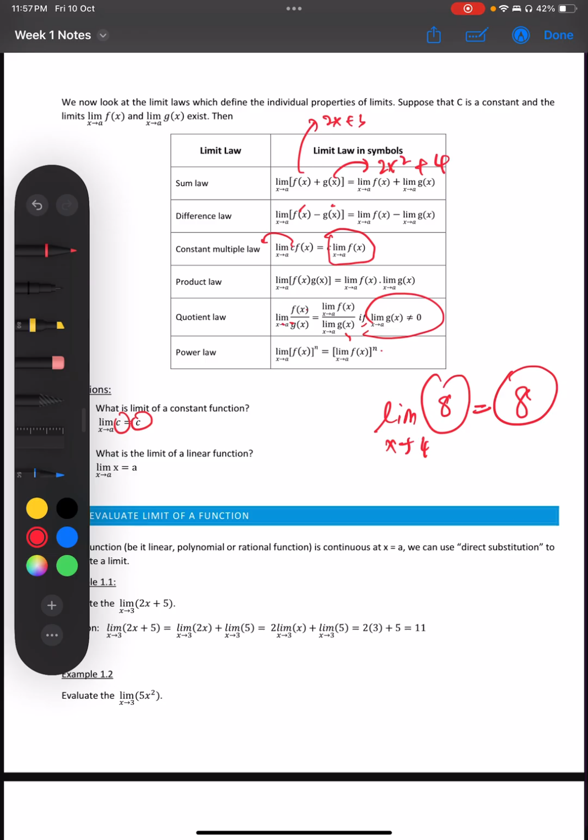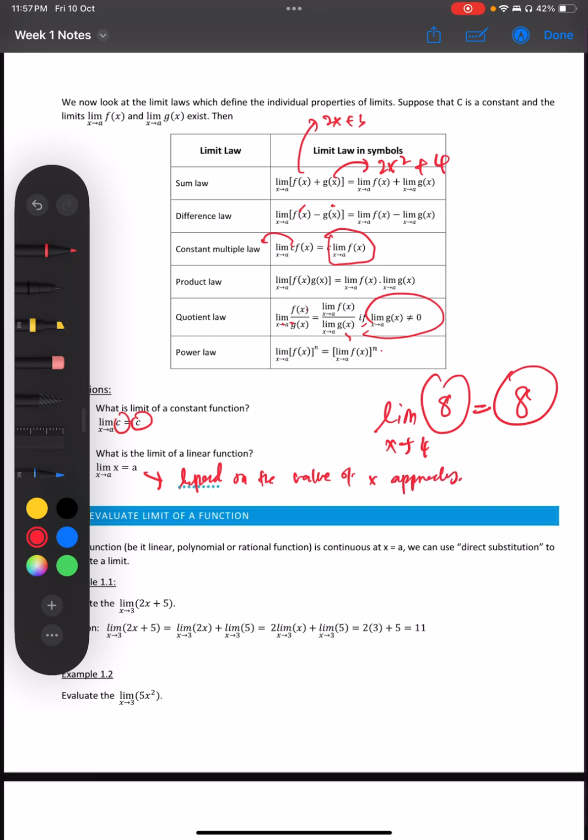What is the limit of a linear function? The limit of a linear function depends on the value x is approaching.